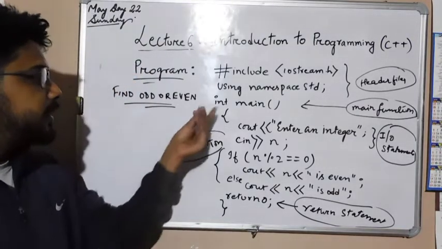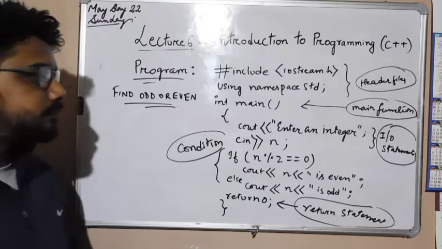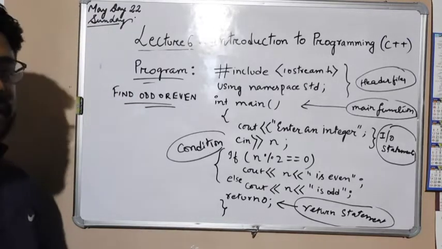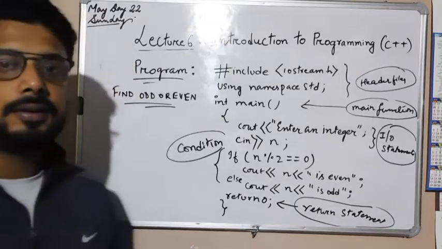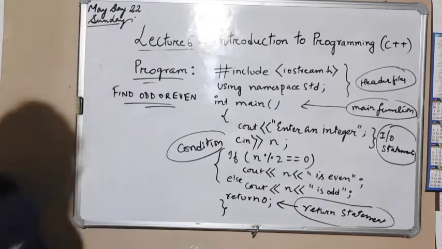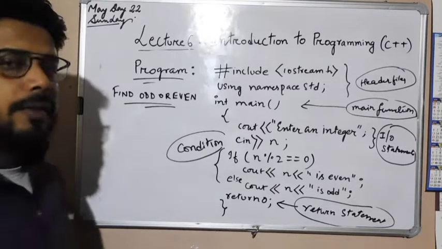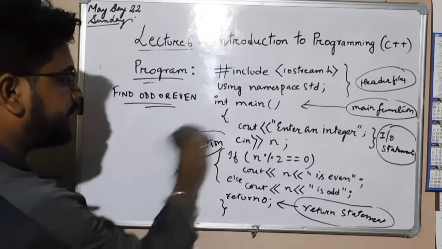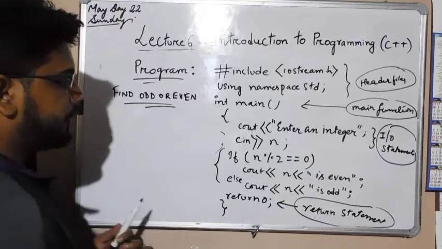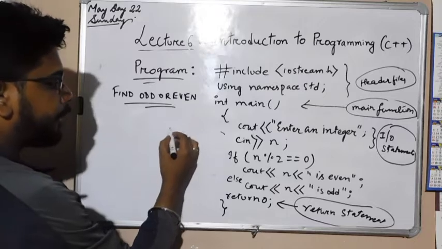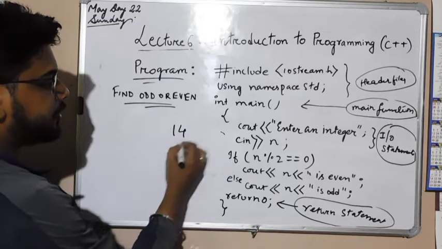To explain this program, let me ask you a very simple question: what do we do to find out whether a number is odd or even? A very simple rule applies. Let's say a number is 14.